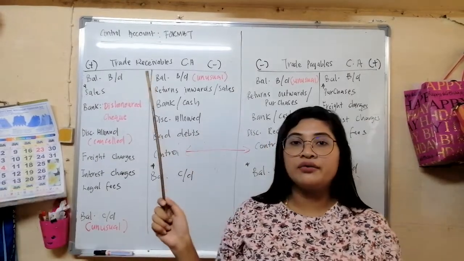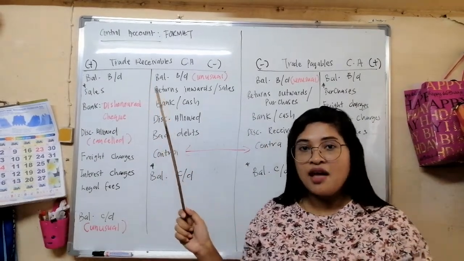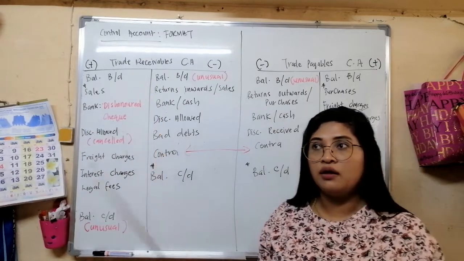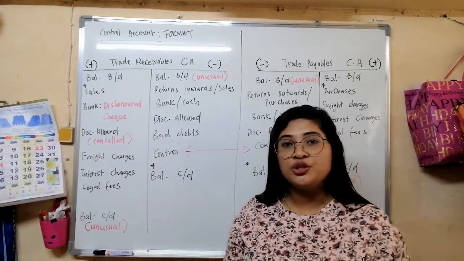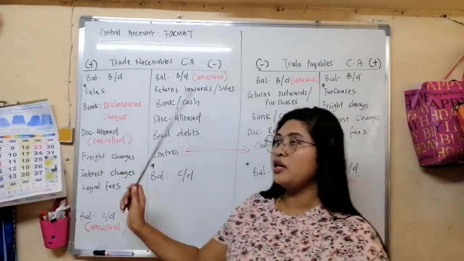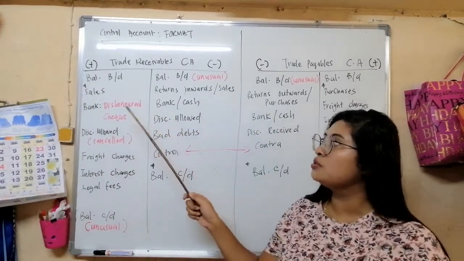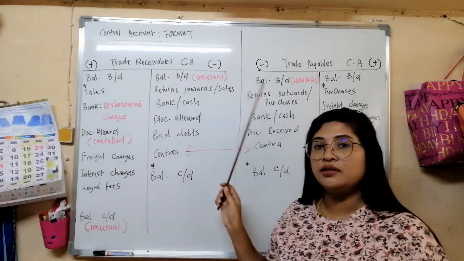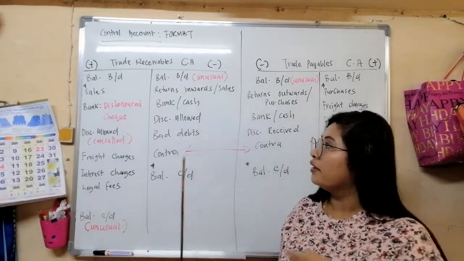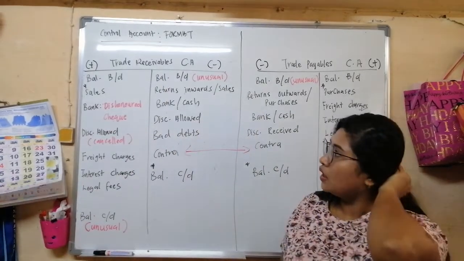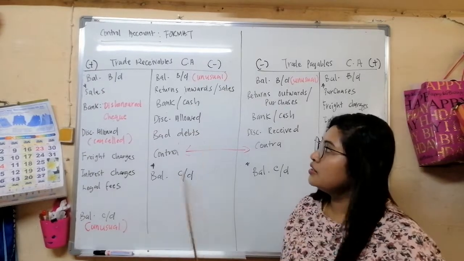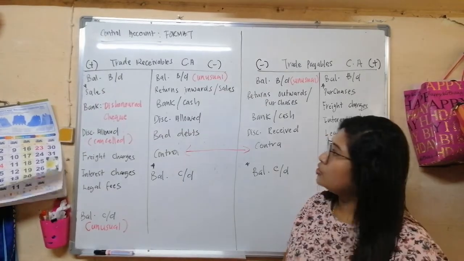So as we know, receivable is our asset, current asset. Any addition to our current asset will be on the debit side, and any reduction to our asset will be on the credit side. So this is our trade receivable control account.